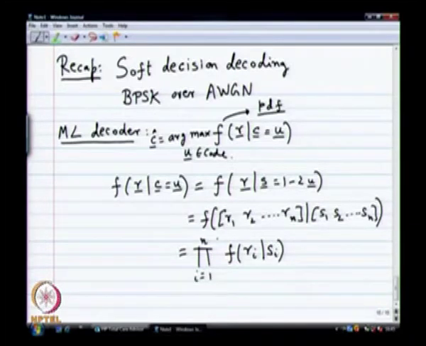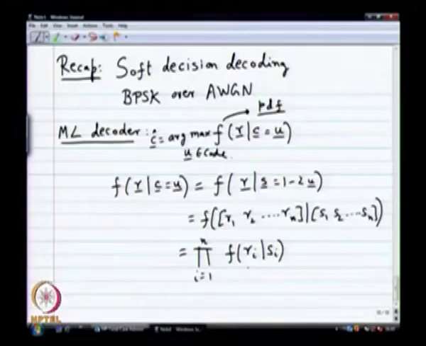If I do not have the conditioning, I cannot write the joint PDF of r1 through rn as the product of the PDFs of ri; that is definitely not possible. Once I have conditioned, the s's are fixed, so the conditional PDF becomes the product of the individual PDFs. There is more than one way to see this. If it is not clear, try and convince yourself that this is true.